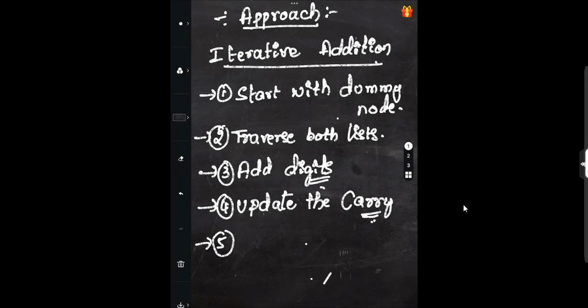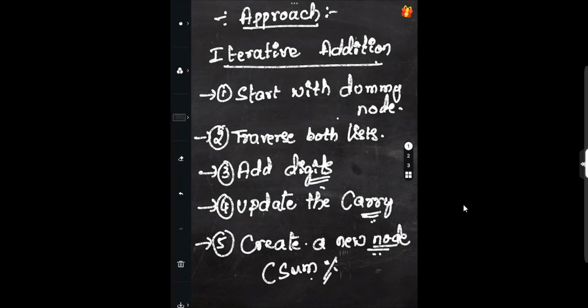Finally, the last two steps are, after updating the carry, we have to create the new node here. While I say create a new node, I'm saying we have to append a new node with the value of sum modulo 10.